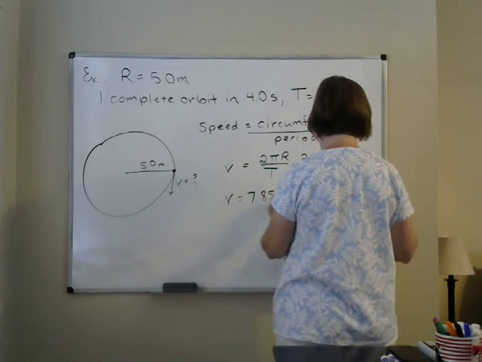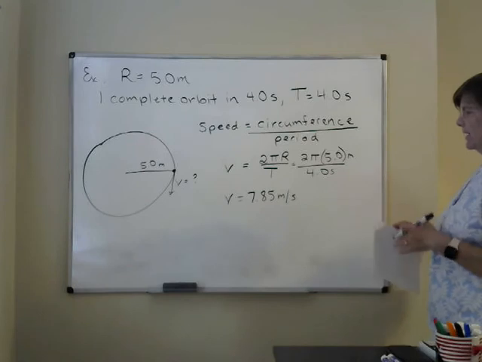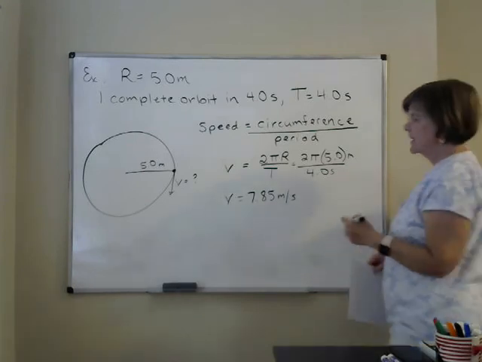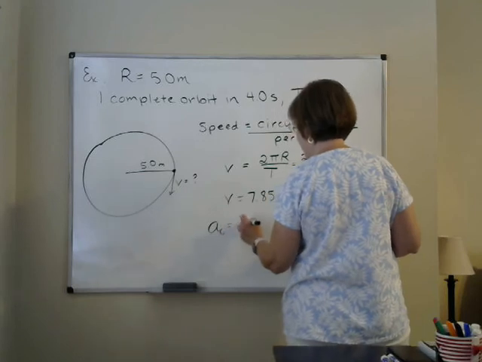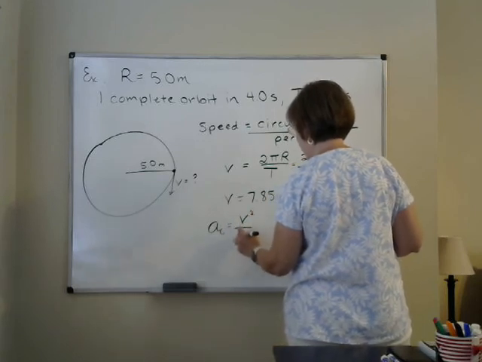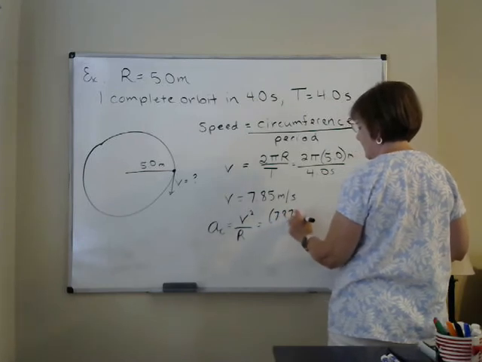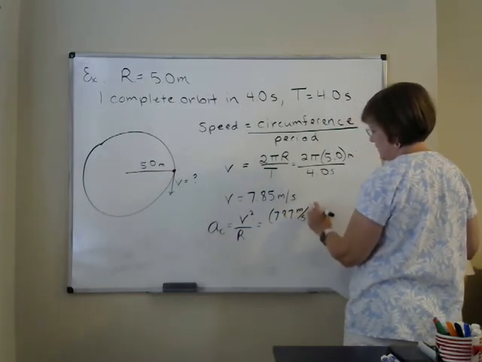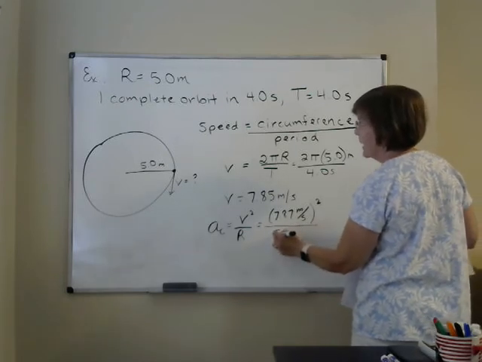So I end up with a speed that's about 7.85 meters per second. I kept an extra digit because I know I'm going to round to two at the end. So my centripetal acceleration, v squared over r, is 7.85 meters per second, squared, divided by the radius.